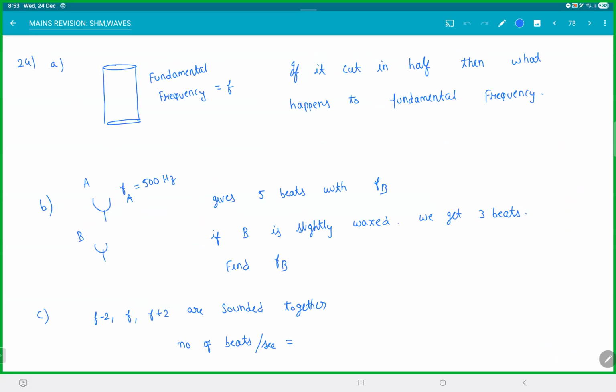Let's get this. We have a hollow pipe, both sides open. If it is cut in half, then what happens to the fundamental frequency? Options will be like this. It becomes half, it becomes double, it will be more than double, it will be less than double, it will be more than half, less than half.